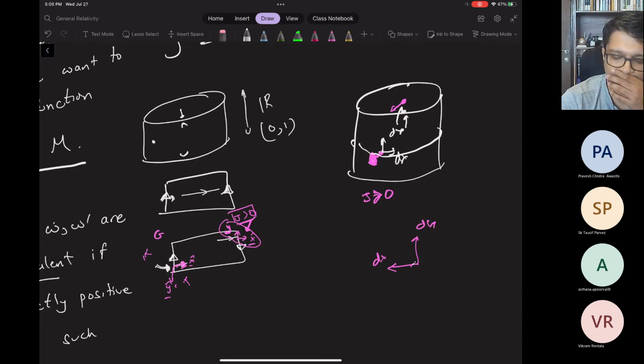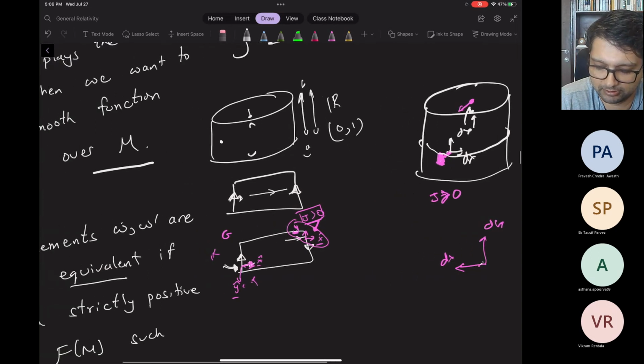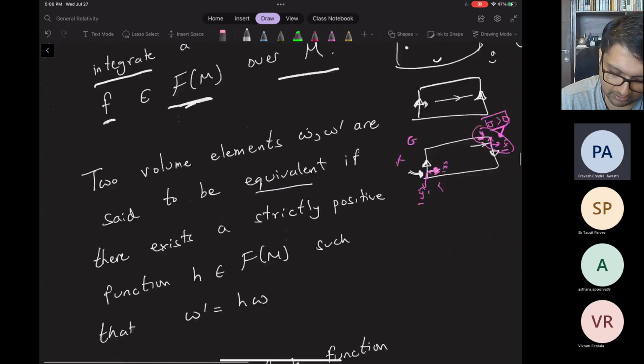Yes. Some open interval from a to b, so that you can't really reach the limiting point. Yes, sir.